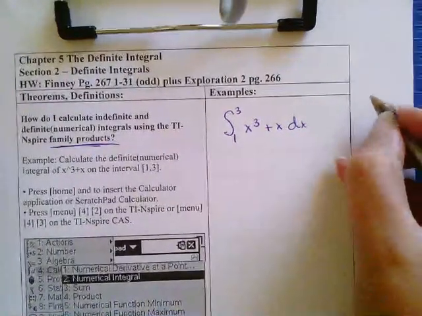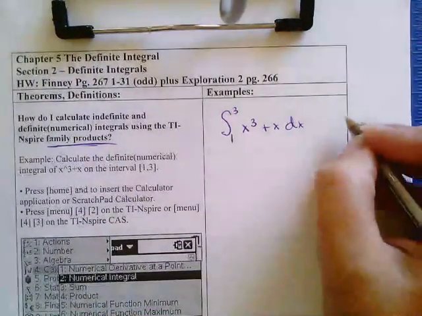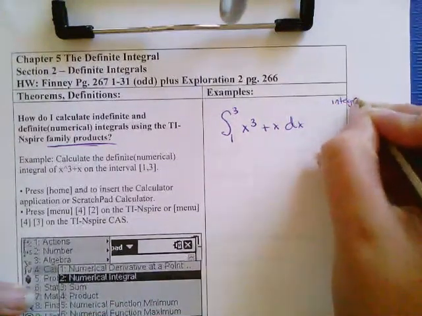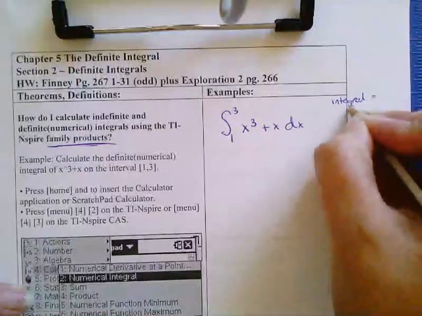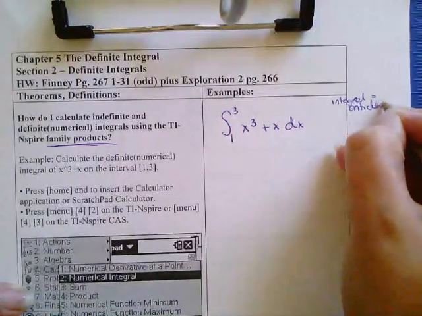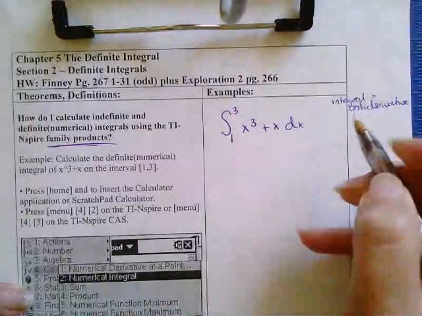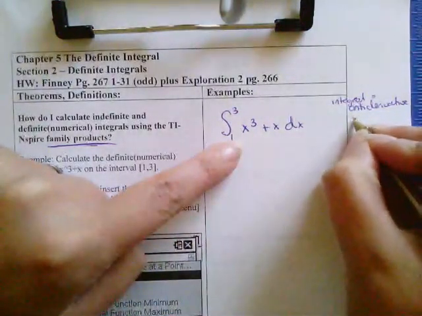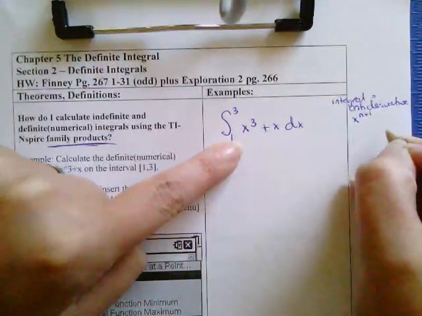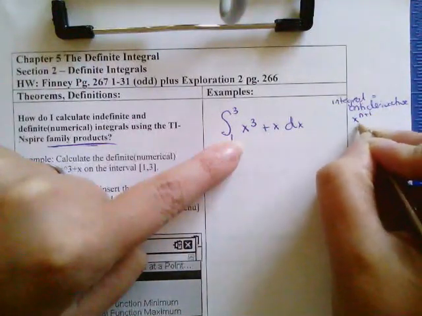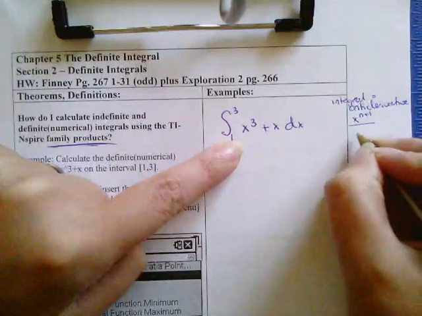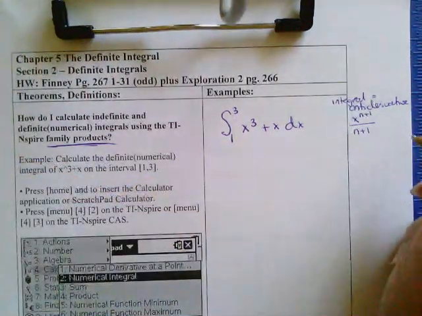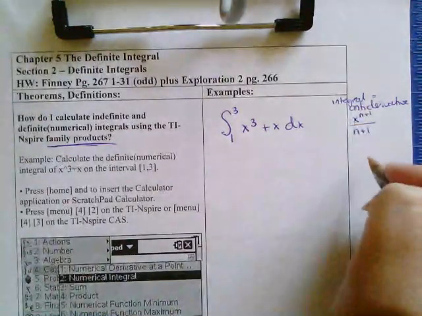Just to recall, the way that we find the integral, aka the antiderivative, is you think of the opposite of derivative. You're always going to add 1 to the exponent, and then divide by whatever that exponent is at that point. When it comes to polynomials, it's pretty easy.